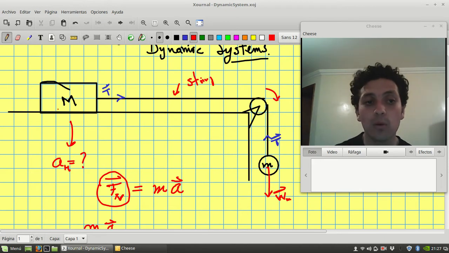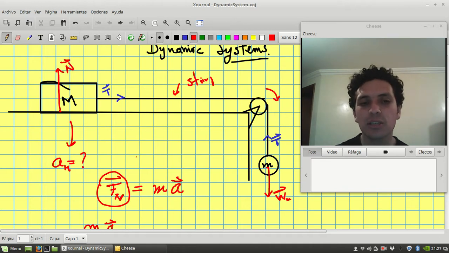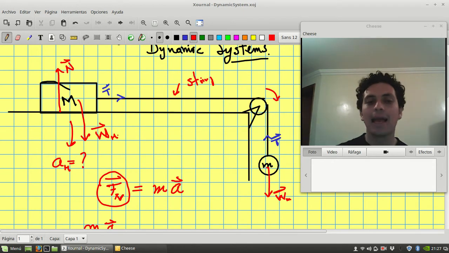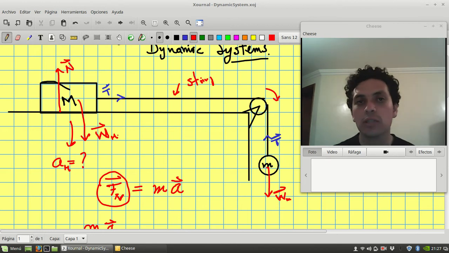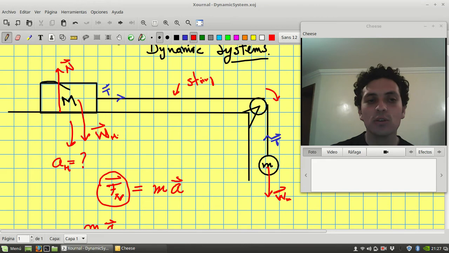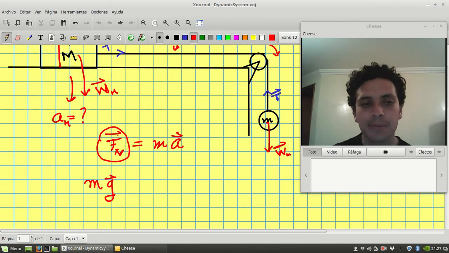For example, the normal force here is external, but it's not in the direction of the motion, so we're not going to take it into account. And the other is, for example, the weight of the capital M mass, but again, it's not in the direction of the motion, so we're not going to take it into account. We could use it to determine the normal, but that's part of another exercise.